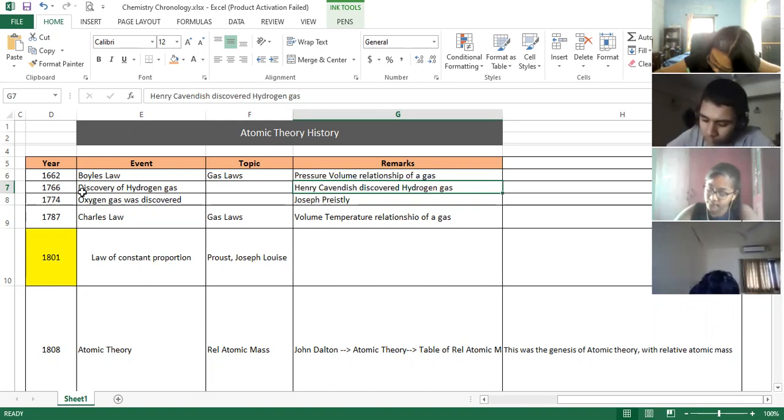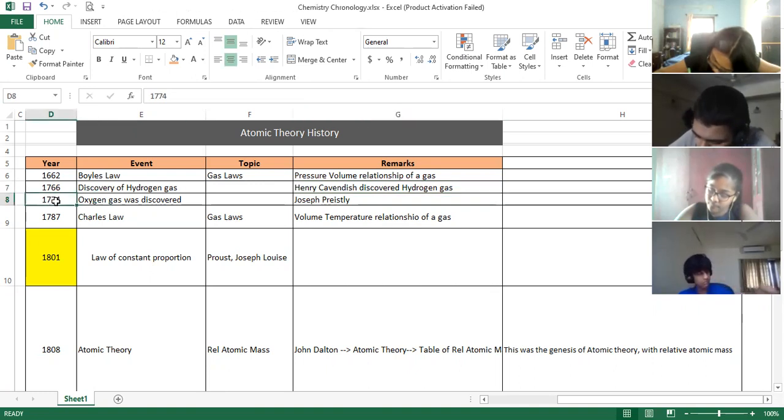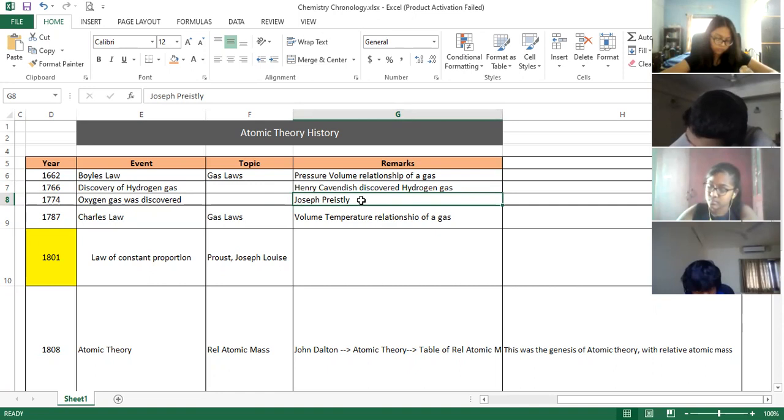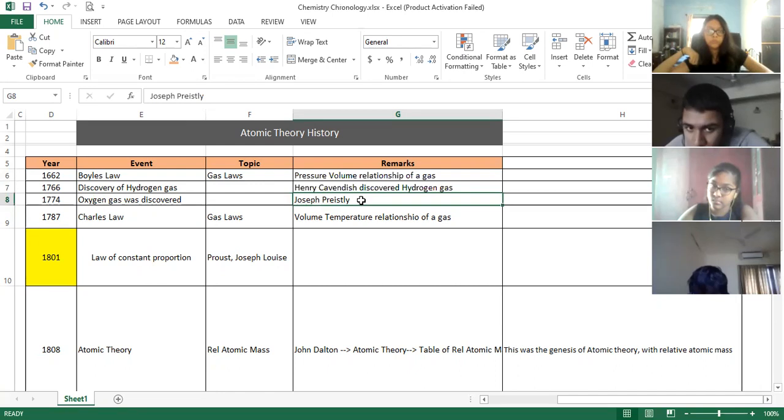Okay, in 1766 hydrogen gas was discovered. And then in the year 1774, oxygen gas was discovered by a scientist by name Joseph Priestley. So 1662 Boyle's law, 1766 the discovery of hydrogen gas, 1774 the discovery of oxygen gas by Joseph Priestley.